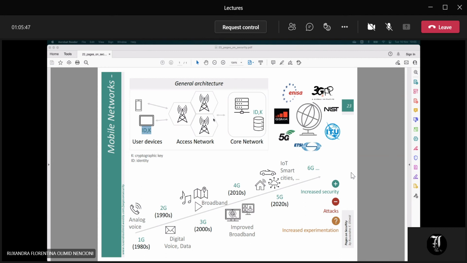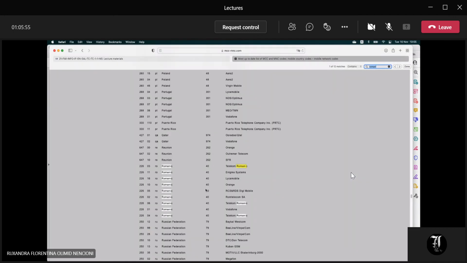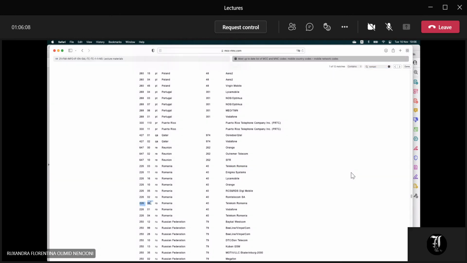The number that I mentioned. So if we go back here and I go to Romania and I want to see which is the identifier of Telecom, they can be 2, they can be 3, depends on how many subscribers they have. But for example, if I want Telecom Romania, it's 22606 or 22604. If I see this, I know it's Telecom Romania.